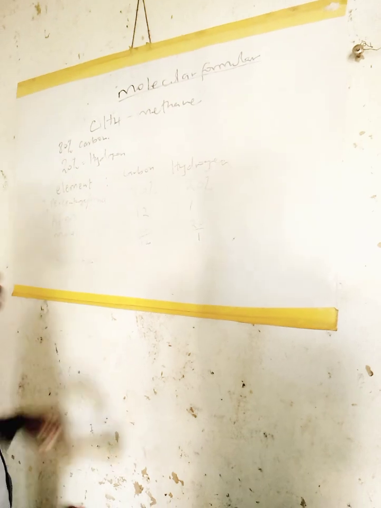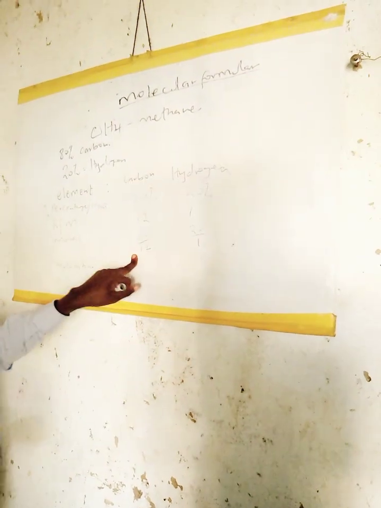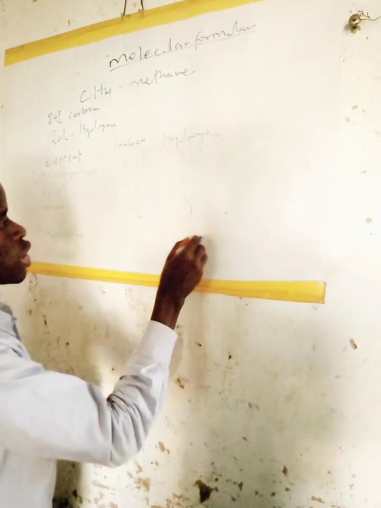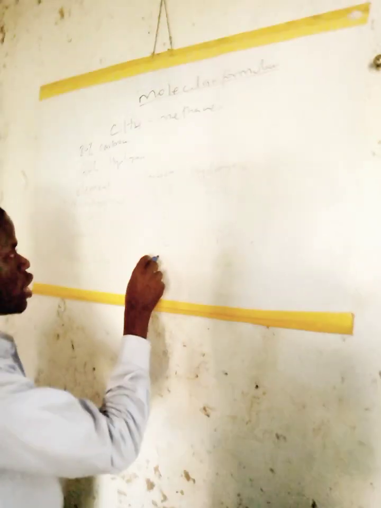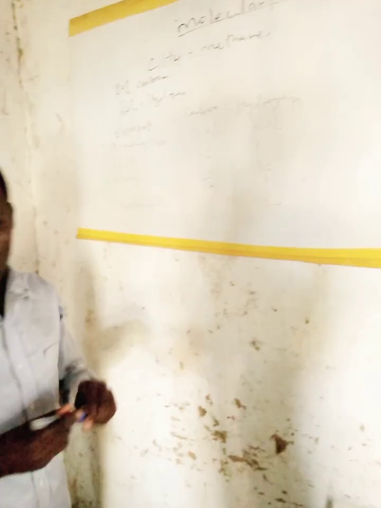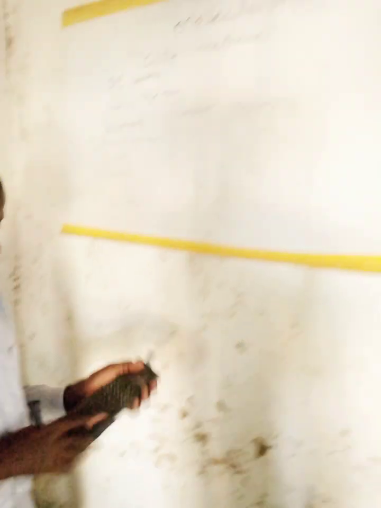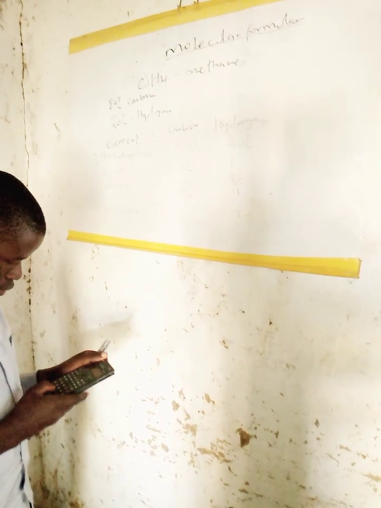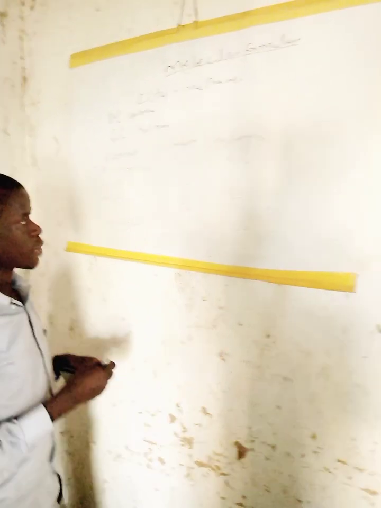For the mole ratio, you divide the number of moles by the lowest number possible. Let us use a calculator. 80 divided by 12, you find it is 6.67.